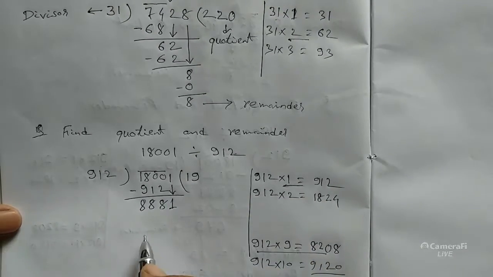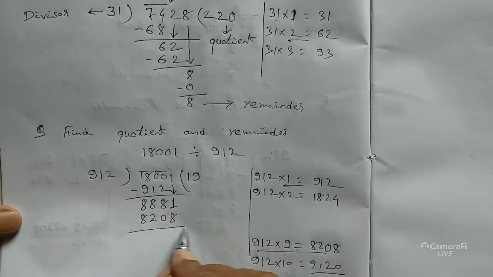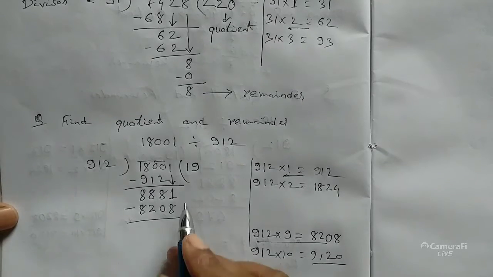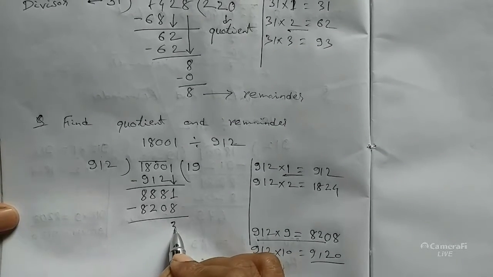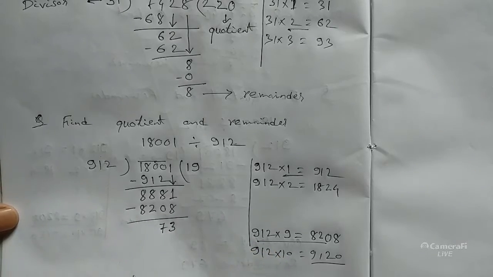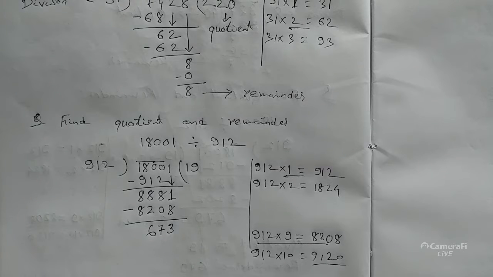So we should take 9. By 9 we are getting 8208. Now subtract. If we subtract, this becomes 3, 1 is here, so 7, 6, 673.